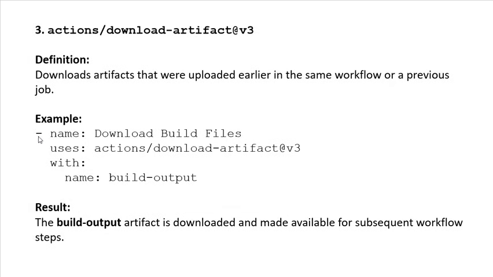Use the example: name: Download the build files, uses: actions/download-artifact@v3, with: name: build-output. The result is that the build-output artifact is downloaded and made available for subsequent workflow steps.